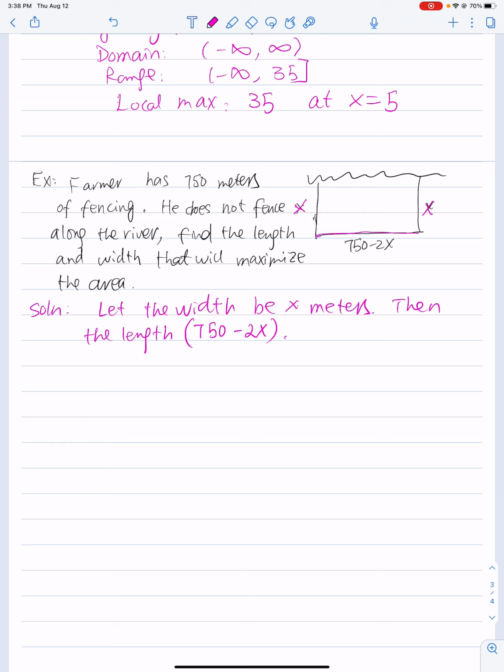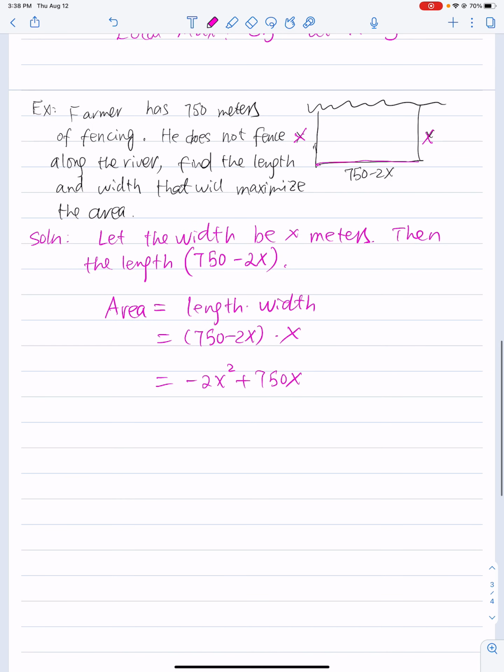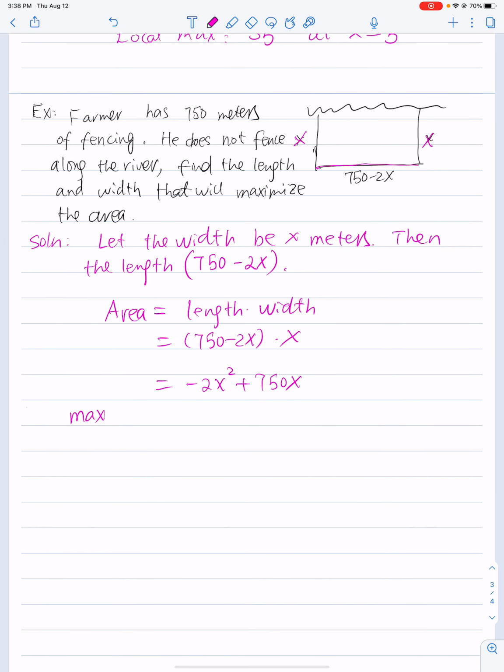Then what do we want? We want to find the area. Area is length times width, so 750 minus 2x times x. When you distribute, you have negative 2x squared plus 750x. We want to find the maximum of this quadratic equation.